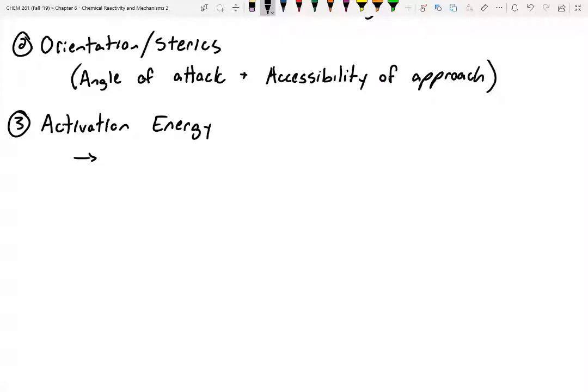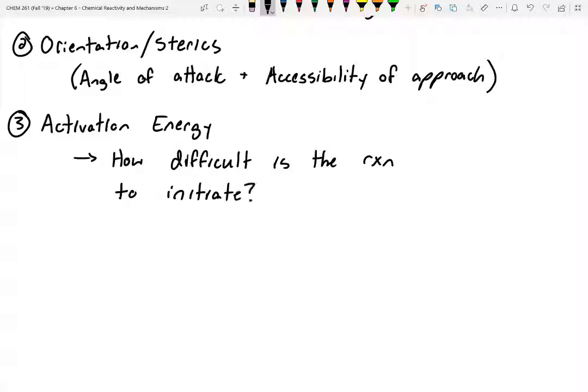So it's basically a measure of how hard it is to initiate a reaction. Some reactions have really, really high activation energies. Some will occur spontaneously, meaning you can just look at it wrong and it will go like that. We have to keep this in mind whenever we're studying a new reaction.